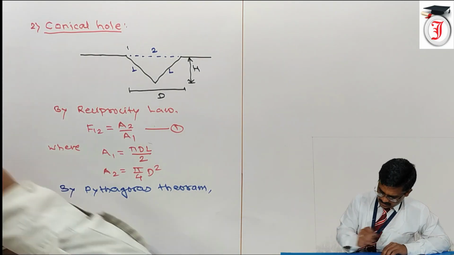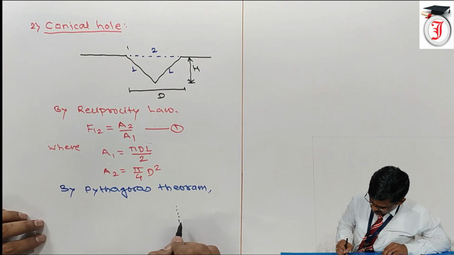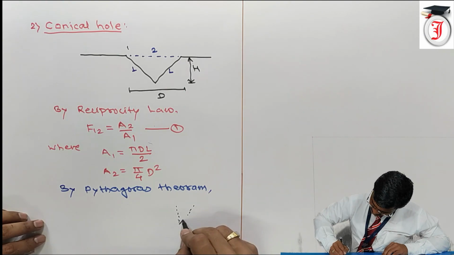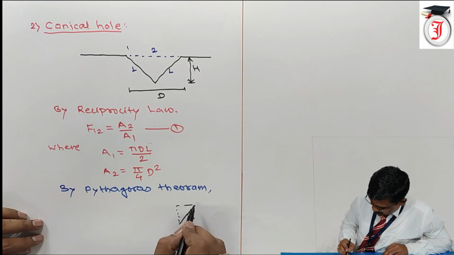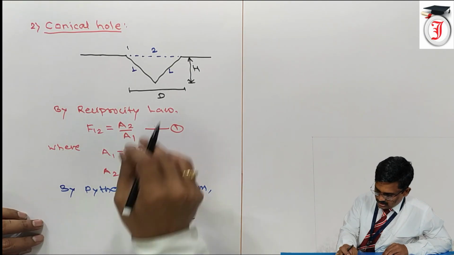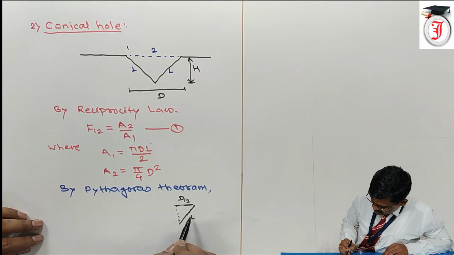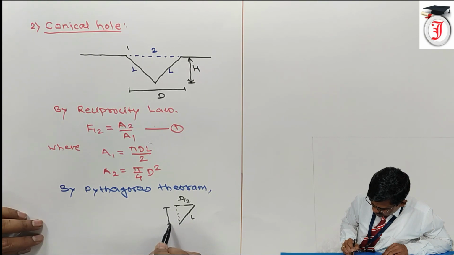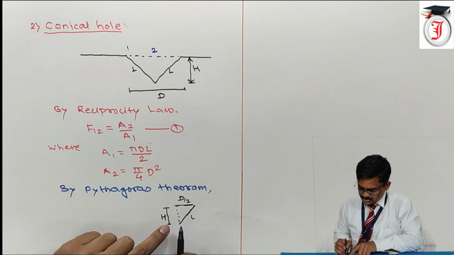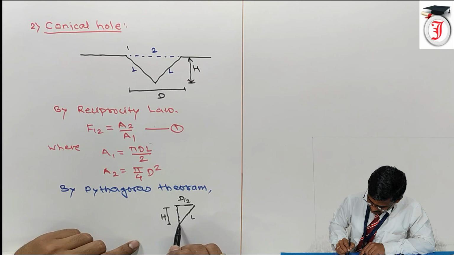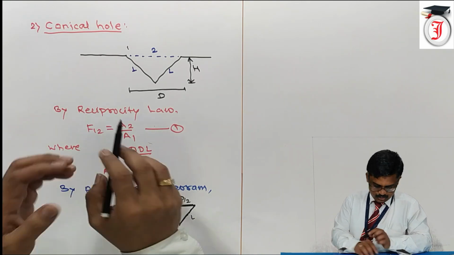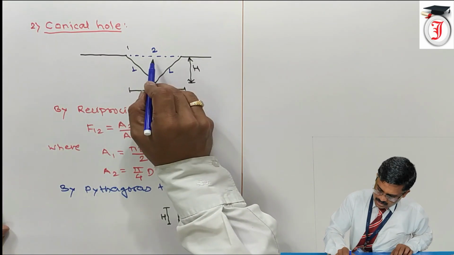So let us draw the diagram for slant height. Suppose this is the slant height, actually L, and this is the surface. So this total dimension is d, so this is d by 2. This is slant height L, and this is h. This is a triangle like this, and this is the half portion.